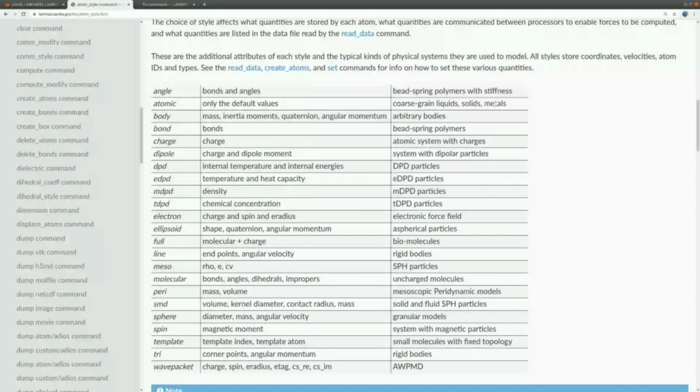But instead, the angle style is for polymers with certain stiffness. The full style is often used in biomolecules, and the ellipsoid style for aspherical particles, etc., etc. So there's a lot of different atom styles. We're using the simplest one here because this is a simplest case scenario, but it doesn't have very much shiny additions to it. Hopefully that answers that question.